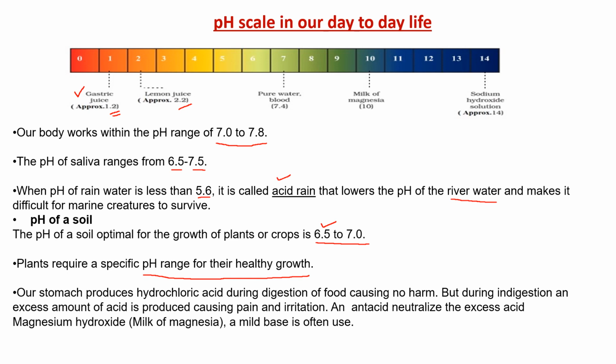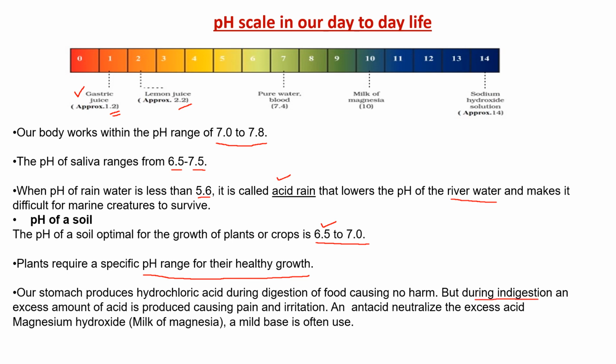Then coming to the stomach, right? The stomach, as you all know, produces HCl. HCl is a content of gastric juice, which has a pH value of approximately 1.2, which is very acidic, right? But you must have occasionally suffered with acidity, right?